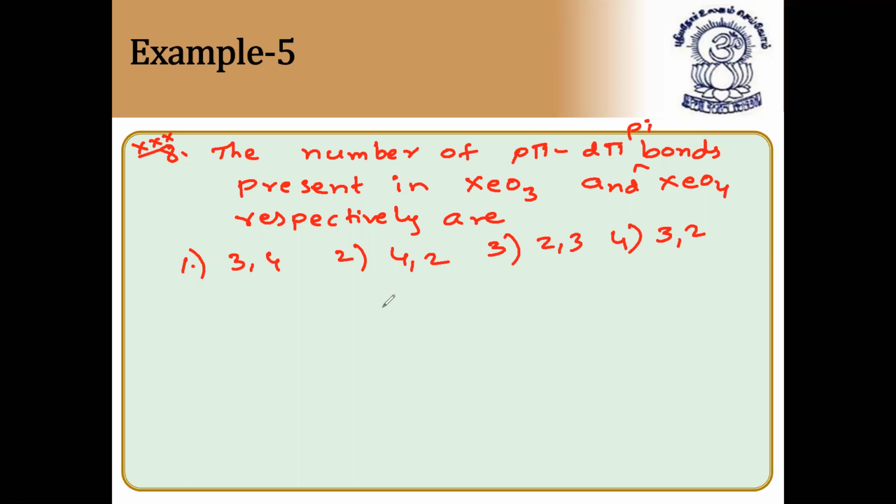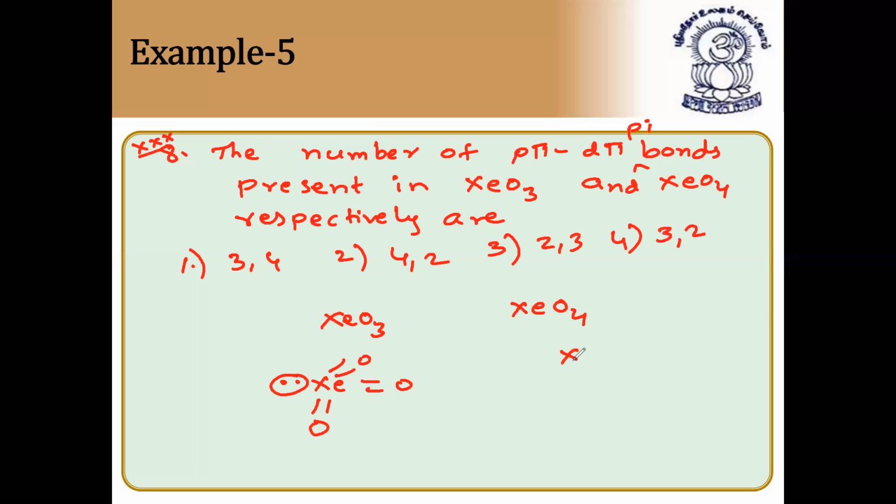First I'll draw the structures of xenon trioxide and xenon tetroxide. In xenon trioxide we have 3 oxygens, each with a double bond, and one lone pair of electrons.